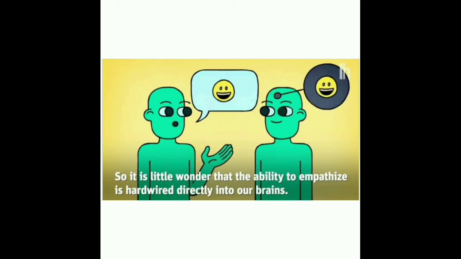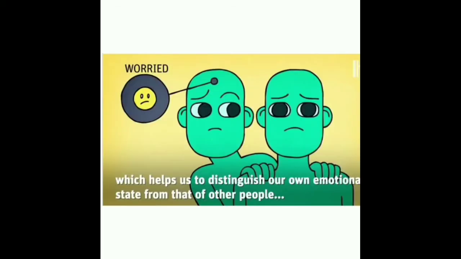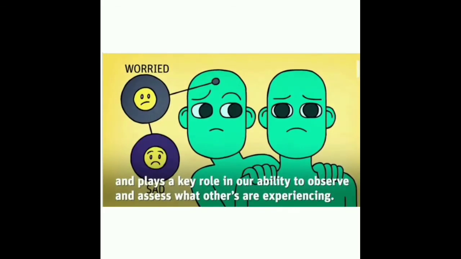So, it is little wonder that the ability to empathize is hardwired directly into our brains. One area that assists in this process is the right supramarginal gyrus, which helps us to distinguish our own emotional state from that of other people and plays a key role in our ability to observe and assess what others are experiencing.